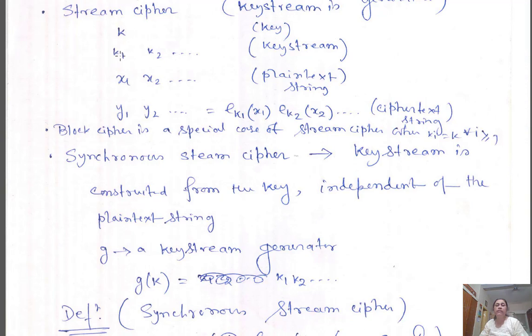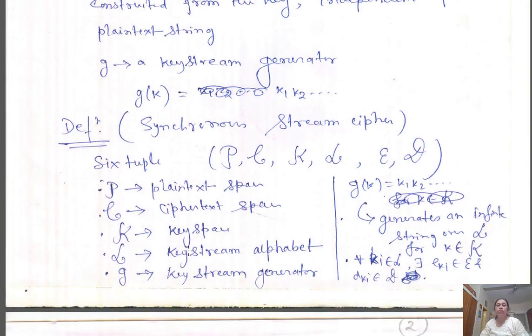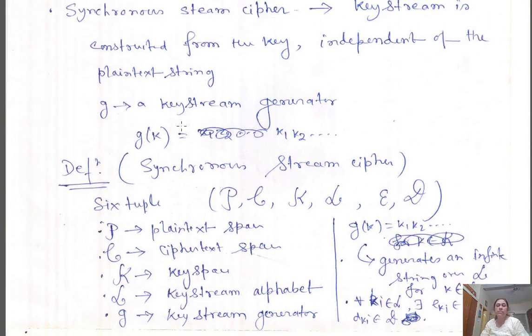This key stream generation does not depend on the plain text string or ciphertext string or both. Only it is derived from the key. This is synchronous stream cipher. Formally, there is a key stream generator G that takes as input only the key and generates the key stream K1, K2, like that.